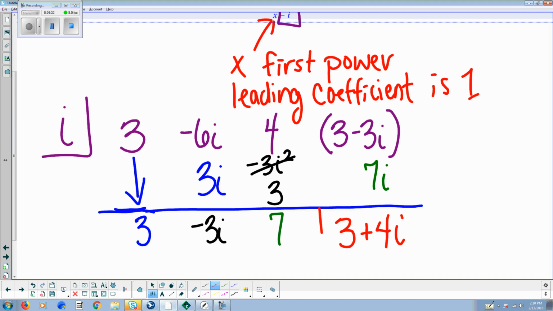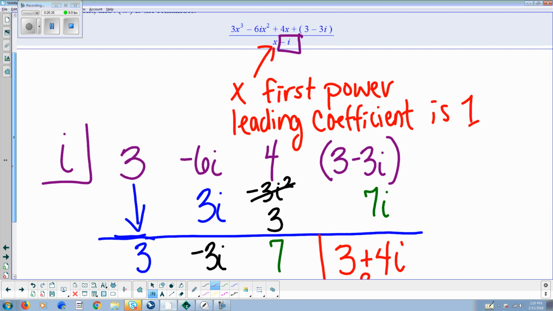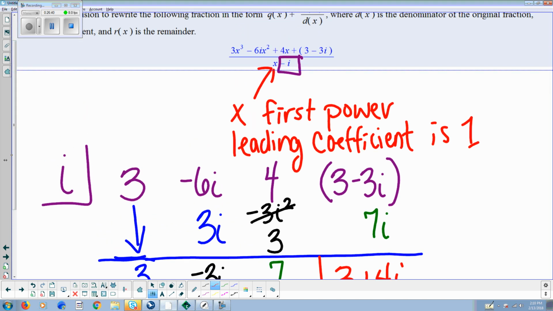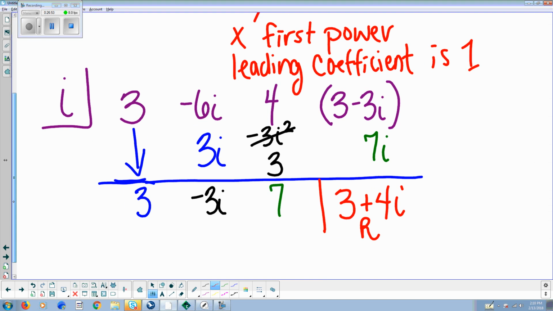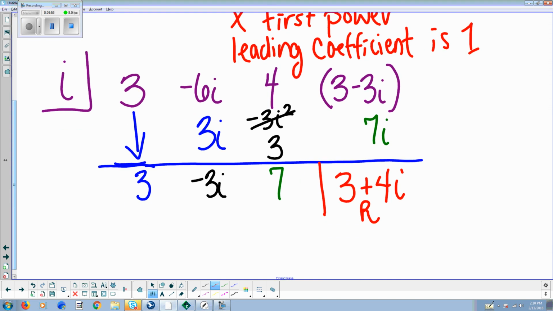Now, the last term is always going to be the remainder. I will also say when you're writing the answer, if my original dividend starts with x to the third, and you're dividing by x to the first, you subtract 3 minus 1. So you're going to begin your answer with 1 power lower than x to the third. So my answer will begin with 3, here's my coefficient, x to the second, 1 power lower than x to the third.